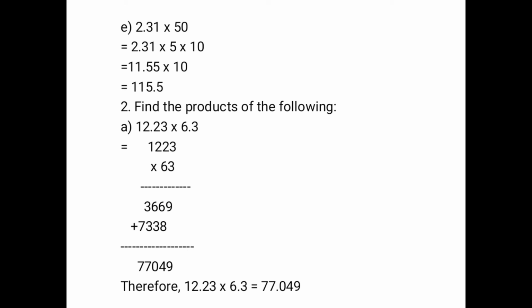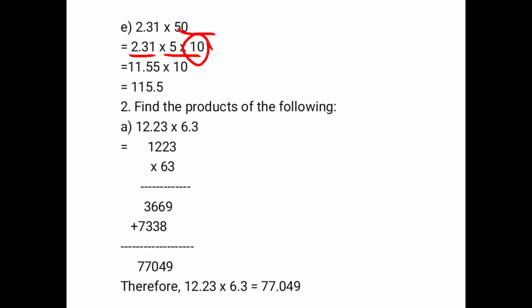Next, E. Here it is not multiplication by 10, it is a multiplication by 50, right? 2.31 you write as it is, and for this 50 you multiply 5 into 10, because if you multiply by 10 it will be a lot easier. So 5 tens are 50.